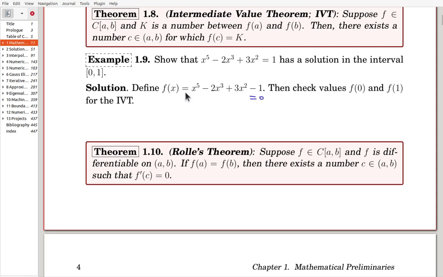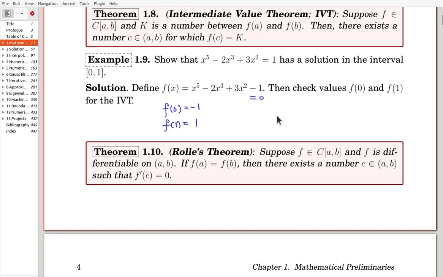To check if it has a solution between 0 and 1, we just check values at 0 and 1. f at 0 is 0, 0, 0, and minus 1. At 0, the value is minus 1. Now, how about f at 1? At 1, 1 minus 2 plus 3 minus 1, so it is 1.